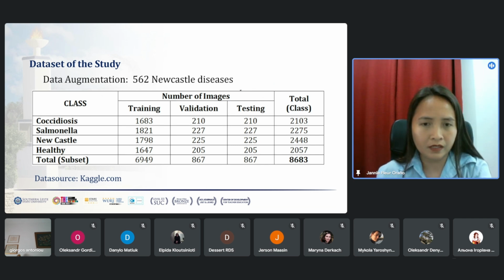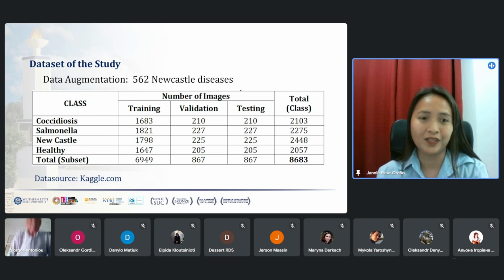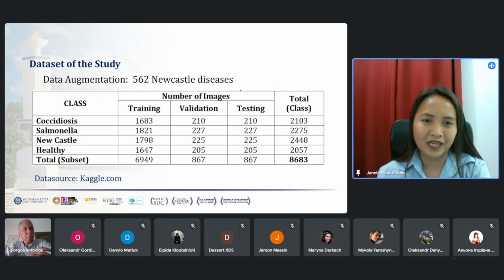For the distribution of the data set, we utilized 80% for training, 10% for validation, and 10% for testing.